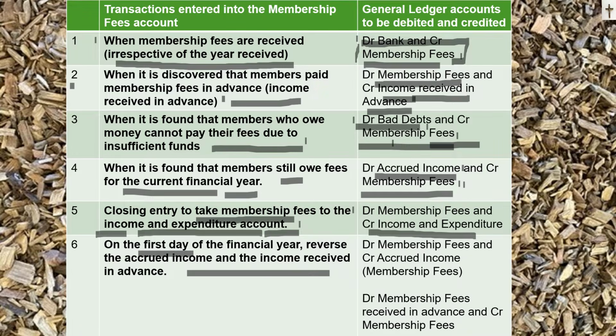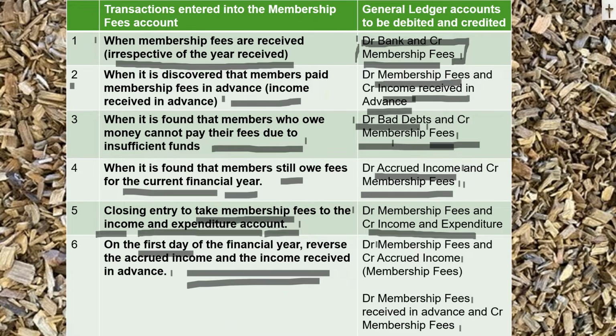As I go along, I'll explain that again. It's a little bit confusing. So on the first day of the year that we are looking at, the current year, we will debit the membership fees and credit accrued income, and we will debit membership fees received in advance and credit membership fees.